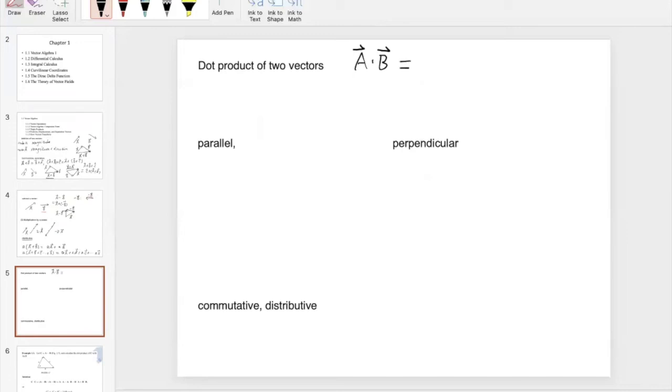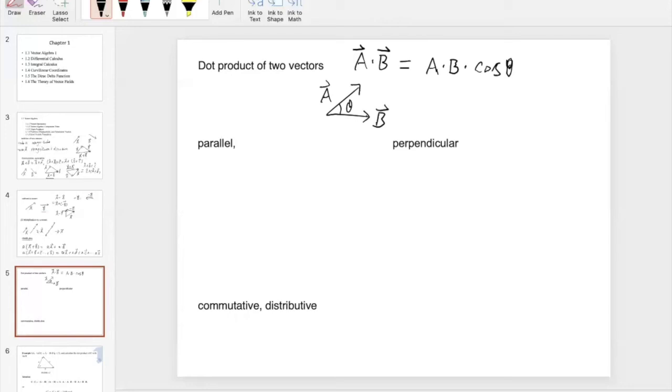In the definition of the dot product of two vectors, it equals the magnitude of A times the magnitude of B times cosine theta. Theta means the angle between A and B. Now, if this is A and this is B, the angle formed by A and B will be theta.